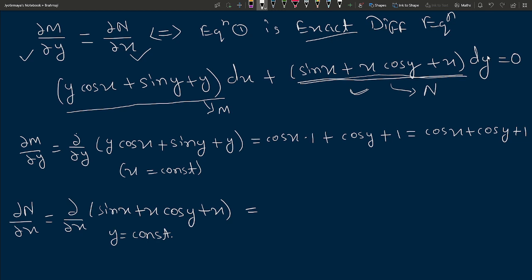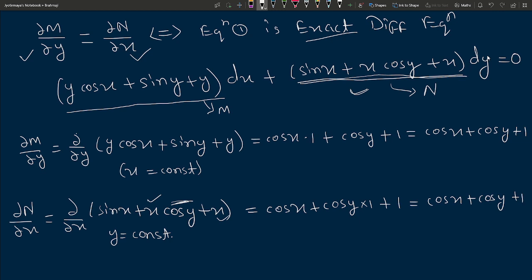Derivative of sin x is cos x. Cos y is a constant, so you keep it outside, times derivative of x, which is 1, plus derivative of x, which is 1. So this is equal to cos x plus cos y plus 1.